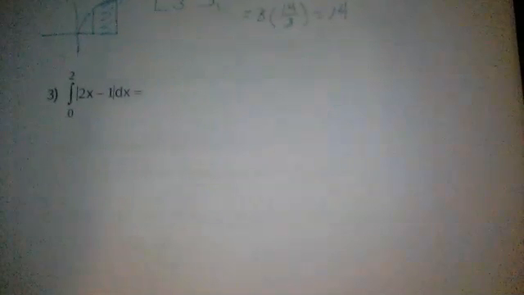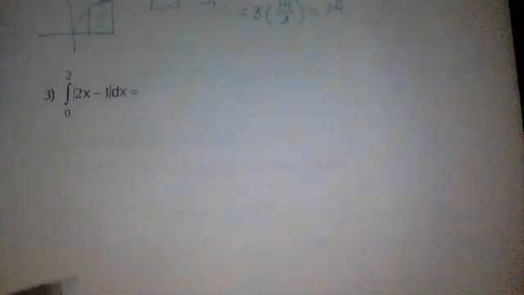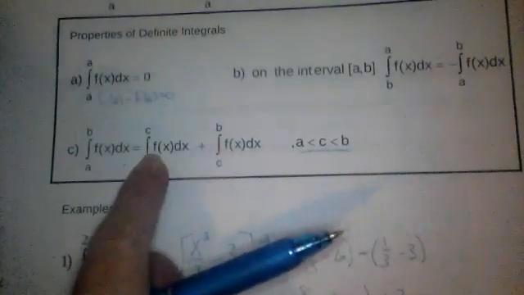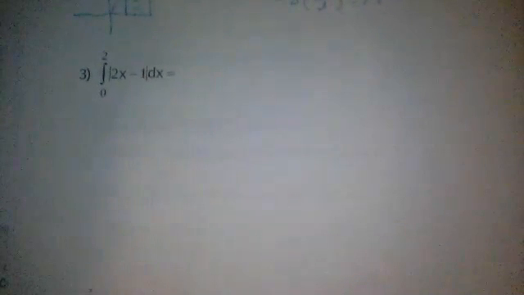Okay, so let's look at the absolute value one. This one is where that rule that says we can break it apart is going to come in, because remember that this function changes the slope at x equals 1/2. So it looks kind of like this.